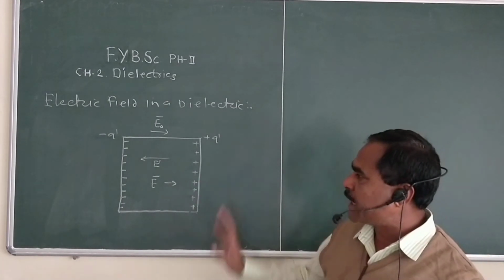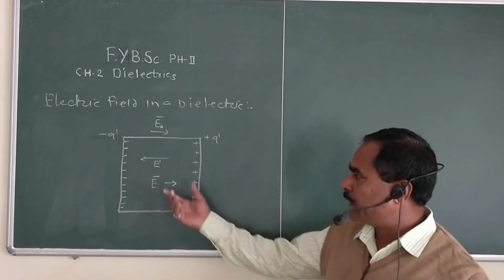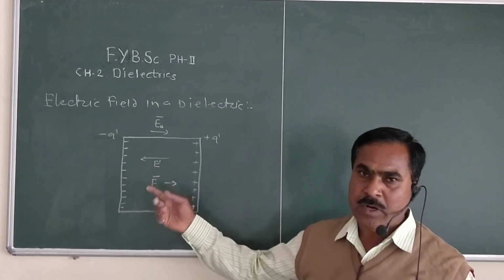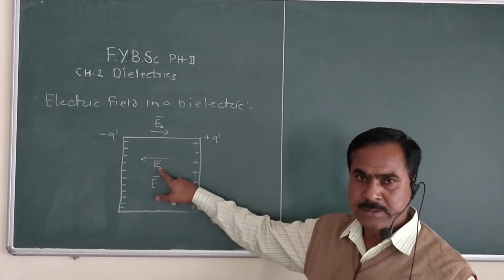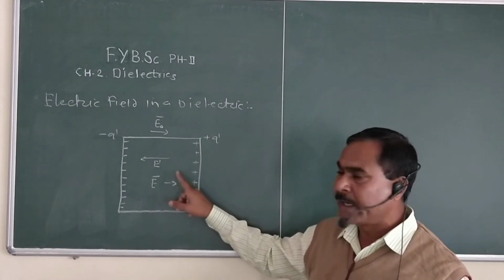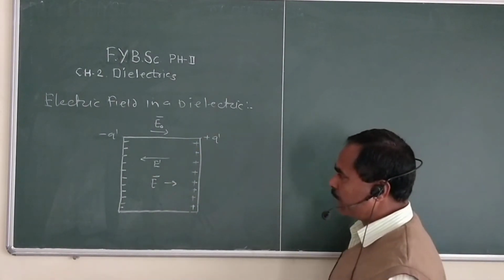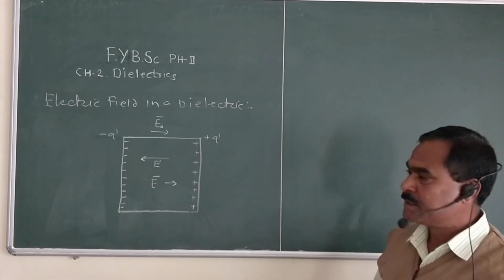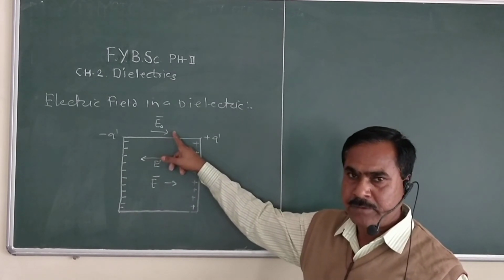Okay, so these induced charges produce an electric field within the dielectric material, and this electric field is called the induced electric field, that is E dash bar, and it is directed opposite to the applied electric field. So I have shown here the direction of the induced electric field, which is opposite to the applied electric field.